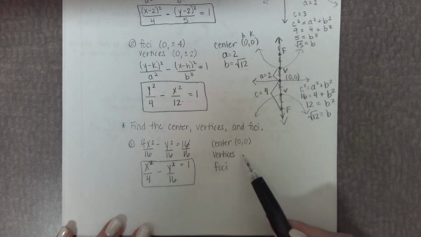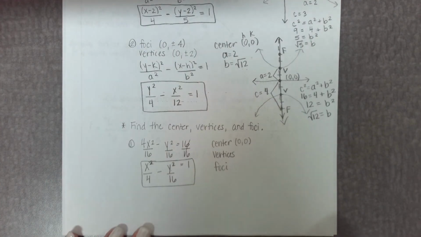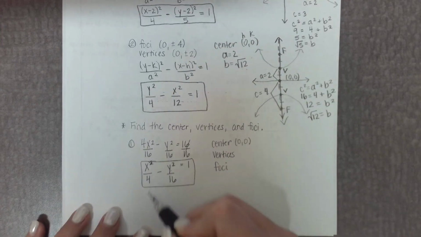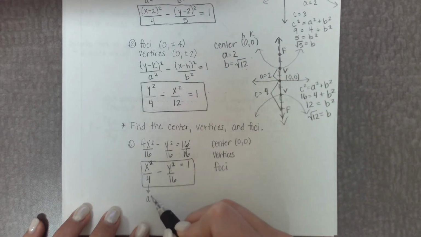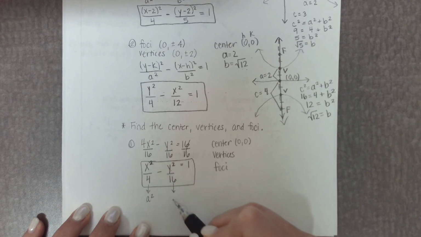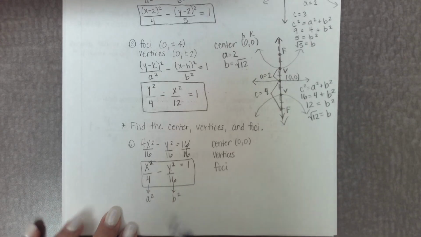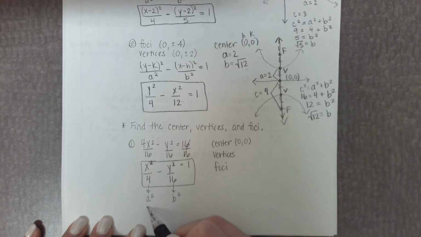Okay, to get your vertices, you need your a value because if you'll remember with a hyperbola, a is the distance from your center to your vertices. So remember that this right here is always your a squared value. This right here is always your b squared value. So if a squared is 4, that means your a value is 2.